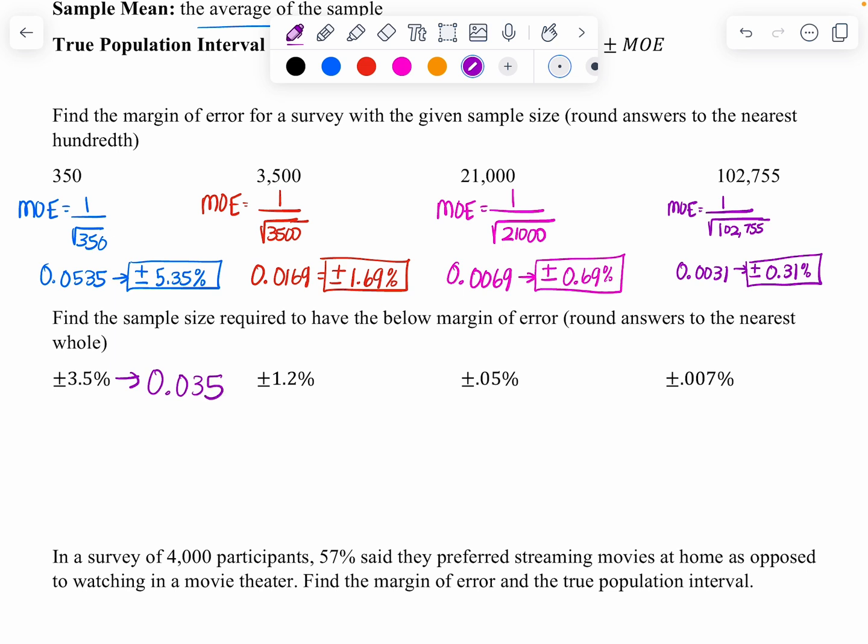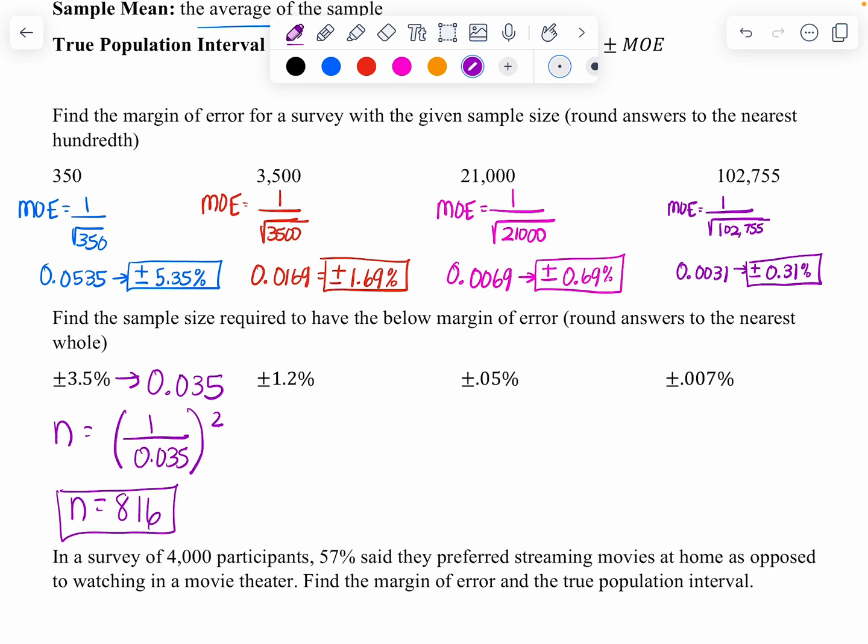Next thing we're going to do is substitute that into our formula. N equals 1 divided by 0.035 squared. When I put that in my calculator, I'm going to round it to the nearest whole number. That means my sample size is 816.